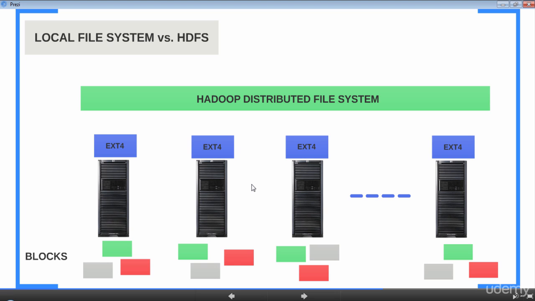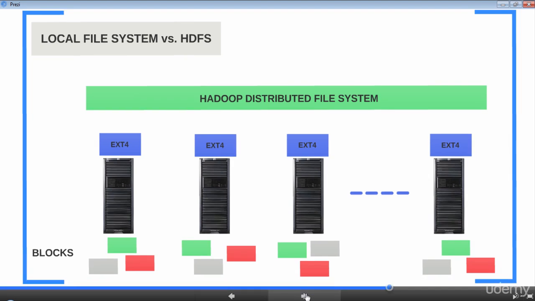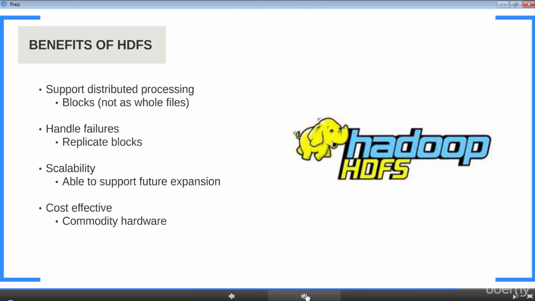Let's summarize the benefits and functionalities of HDFS. First of all, HDFS supports the concept of blocks. When you upload a file into HDFS, the file is divided into fixed size blocks to support distributed computation. And that is key for Hadoop. Also, HDFS keeps track of all the blocks in the cluster. Second, data failures or data corruption are inevitable in any big data environment, even in small environments, right?